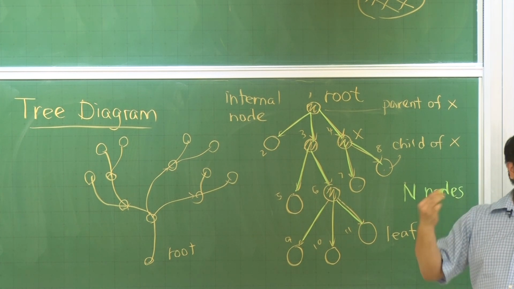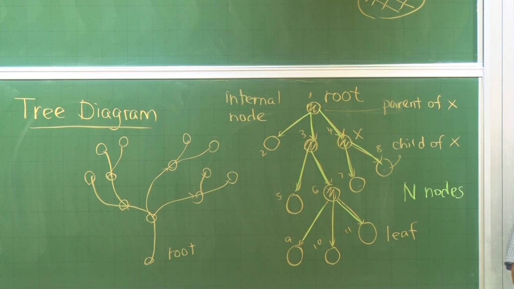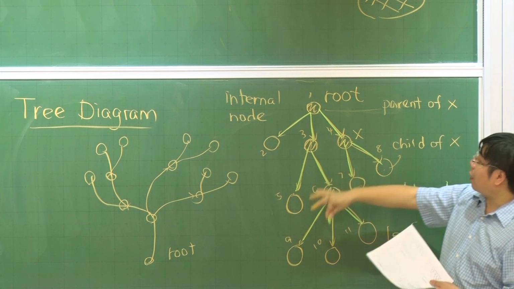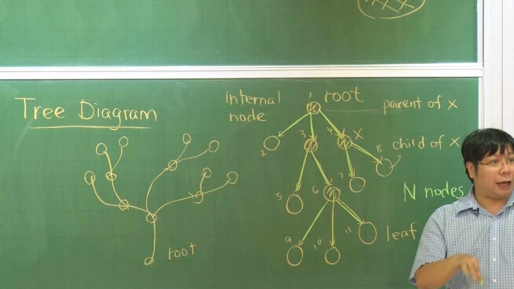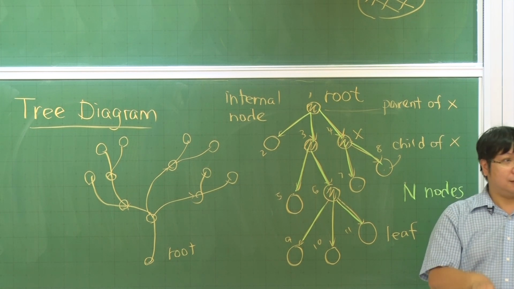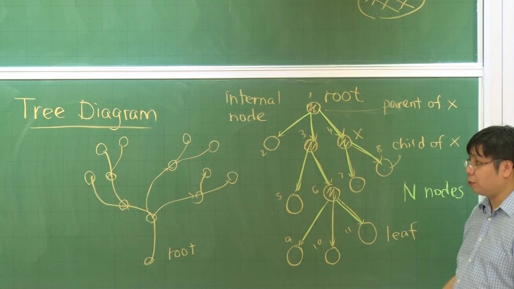Each node that is not a root has a specific edge pointing into it. So the total number of edges must be the number of non-root nodes, so it is n minus 1. This is a property of a tree. A tree is a graph that looks like this: there is a root and arrows pointing downwards. Each node may have some children, except a leaf, which doesn't grow.